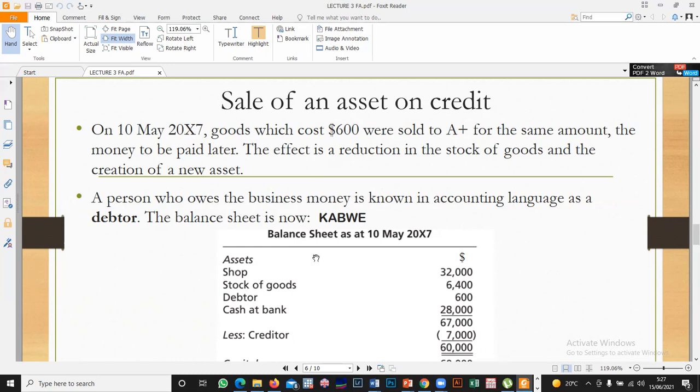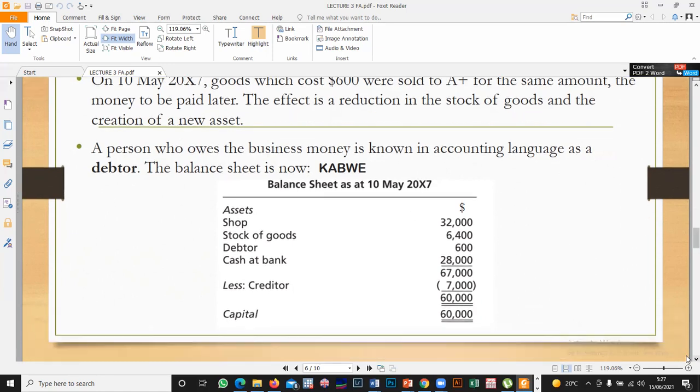Because we've gotten goods on credit and we are giving goods on credit, we have not yet paid our creditor their money, and now a person has come to our business to get the money. As you can see, we've got the balance of $60,000, like we looked at in our last episode, and we still landed at $60,000.